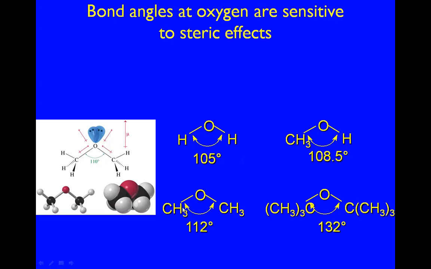And the bulkier the groups we bring onto the oxygen, the bigger the repulsion between them. So now these two electron pairs are smaller compared to these two, so the bond angle expands a bit more than what you saw in alcohols and water. Okay, so diethyl ether has a bigger bond angle, and di-tert-butyl ether has a bigger bond angle than dimethyl ether.